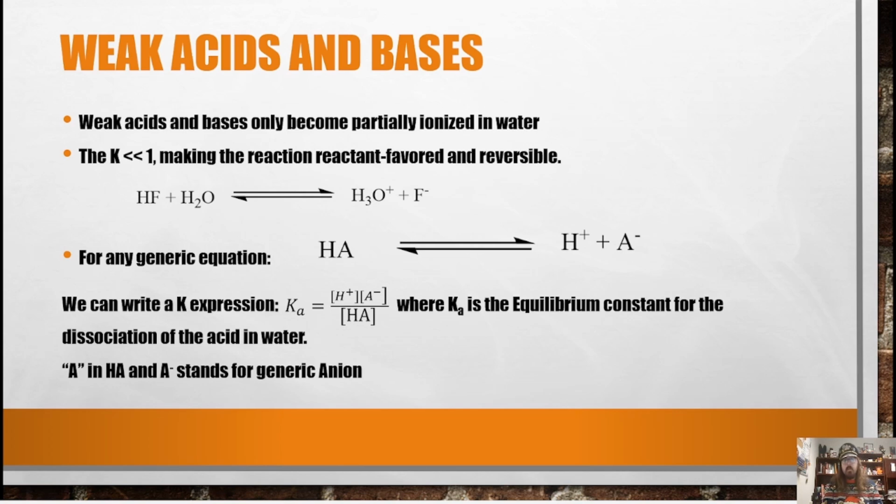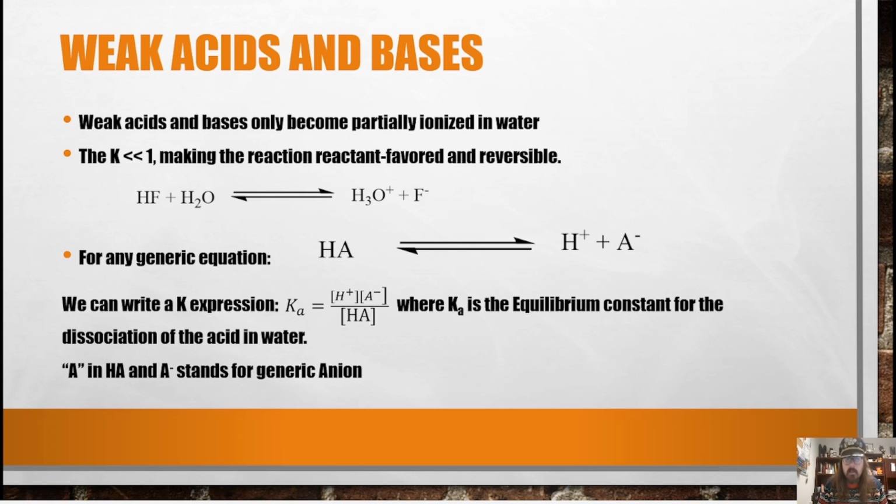Now, one of the things we must get used to is writing a generic equation, because it doesn't matter what the anion is. All weak acids essentially follow this expression, the idea that some protonated anion, HA, undergoes a dissociation to form H plus and A minus, the negative anion.